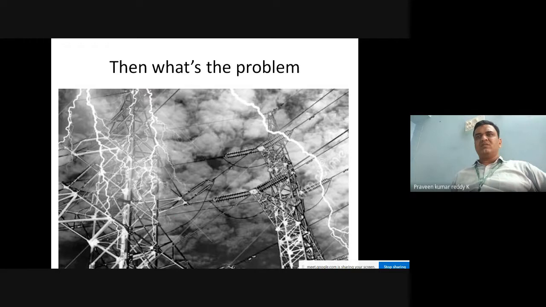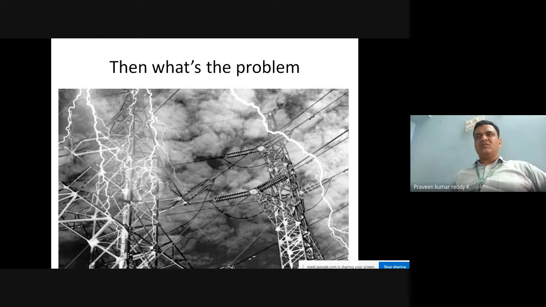While that process is happening, those large currents may hit our transmission towers. It may cause damage to the entire power transmission system. It may burn out all our cables and our transformers.